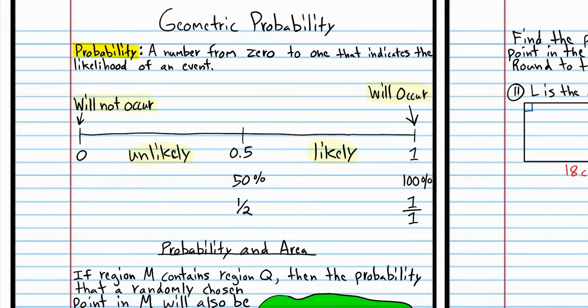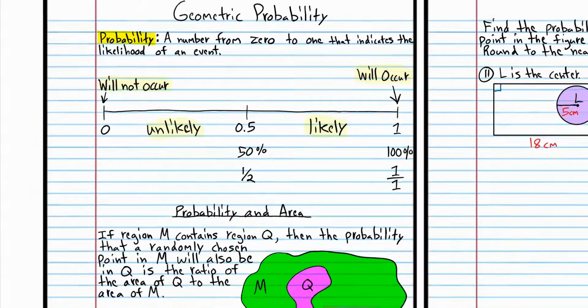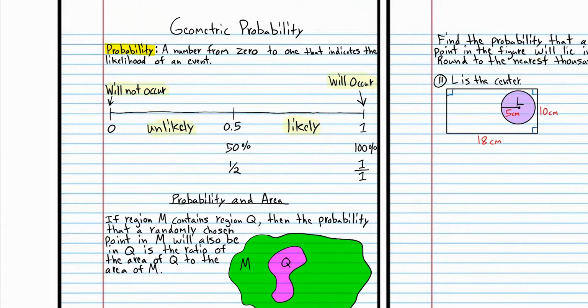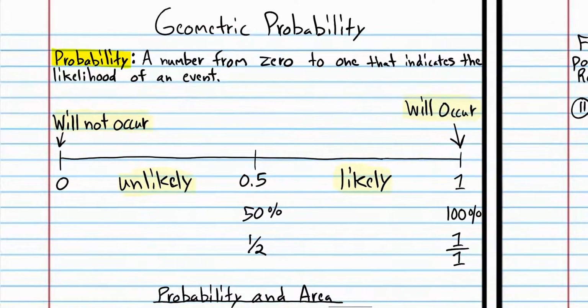And probability goes from 0 to 1, and 1 means that it's definitely going to occur, and 0 means it's definitely not going to occur. And 0.5 or 50%, 1/2 probability, that means that it's equally likely to occur and not occur. So if you've never seen probability, that's just what that means. So let's say that you're going to flip a coin. It's a 50% chance that you're going to get tails.